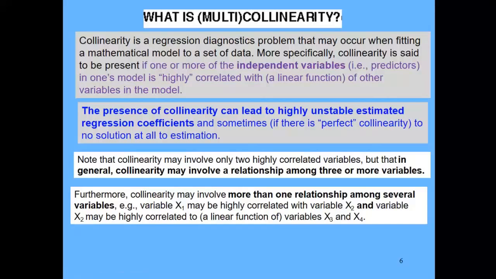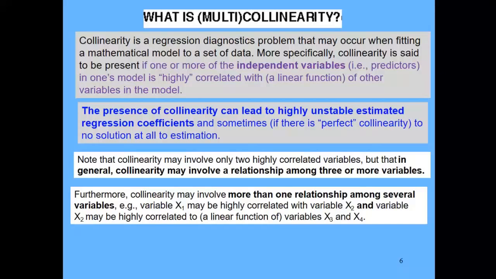So that would mean that you have two problems. You're fitting a model with 10 X's, and you not only have one collinearity, you have two. So how do you figure out how many problems you have? And if you figure that out, what do you do about it?